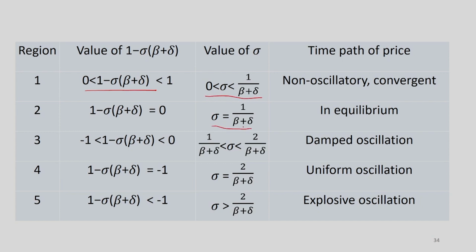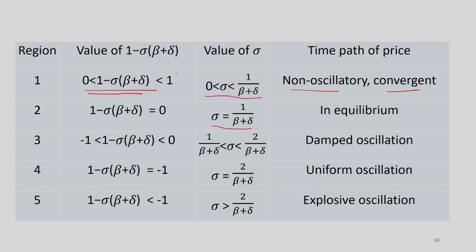And in each of these cases, these conditions, if we play around with them, then they turn out to be like these. The first region or the first condition turns out to be that sigma lies between 0 and 1 divided by beta plus delta. And this case, as we know, B lying between 0 and 1, it will give me a time path which is non-oscillatory and convergent, right.